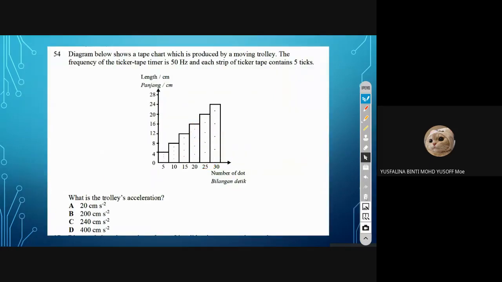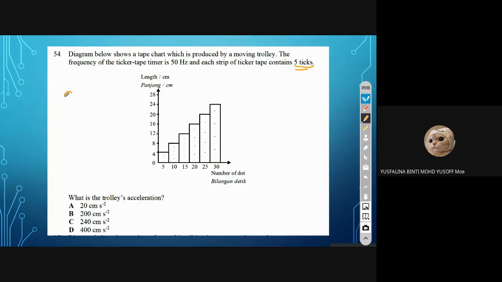Okay, so ticker tape, right? The diagram below shows a tape chart which is produced by a moving trolley. The frequency of the ticker tape is 50 Hz, and each strip of ticker tape contains 5 ticks. So underline this one, 5 ticks. What is the trolley's acceleration?